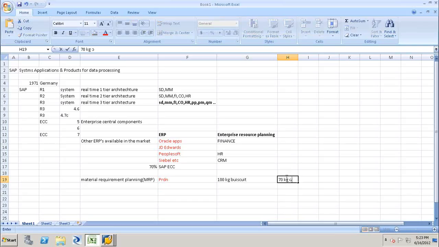Then some 50 kg of sugar, and some 50 or 70 liters of water, and some 1 liter of chemicals or resins, because we need preservatives, right? So, 1 kg of chemicals or preservatives.